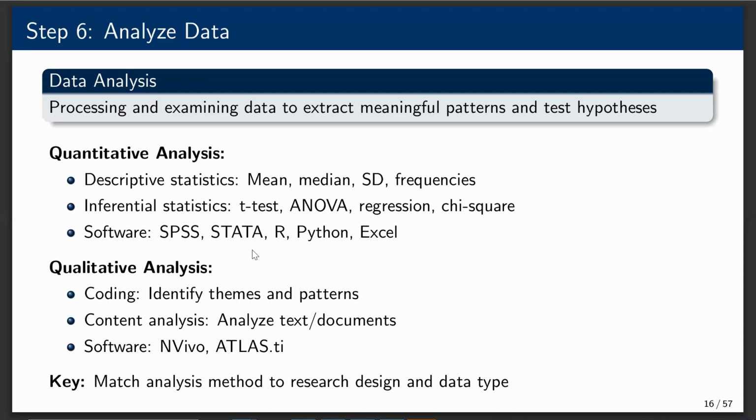And qualitative analysis is basically coding to identify themes and patterns, and then content analysis to analyze text and documents. You can use software like NVivo and Atlas. So the key here is to match the analysis method to the research design and the data type.